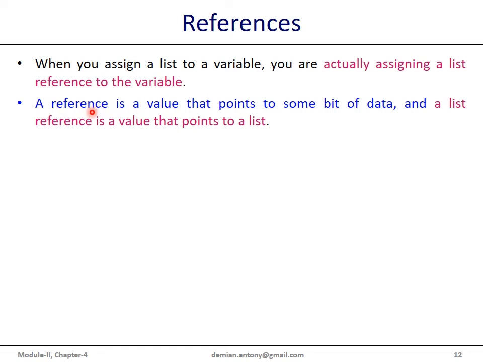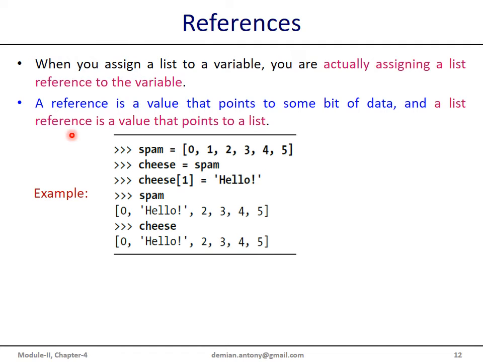Thus, a reference is just a value that points to some object or a bit of data in memory. Therefore, a list reference is a value, actually a memory address, that points to a set of data which is a list. Let us take up the example.